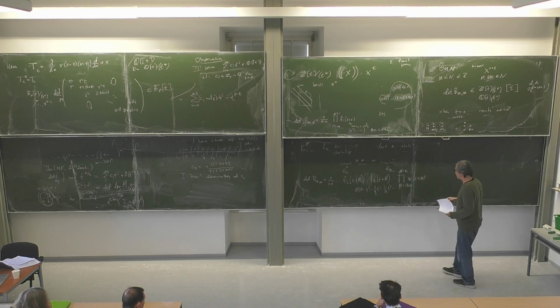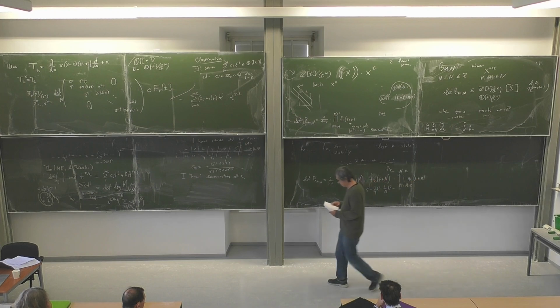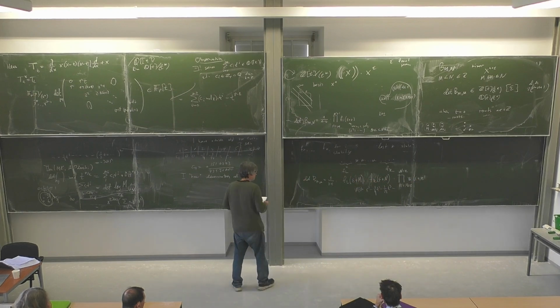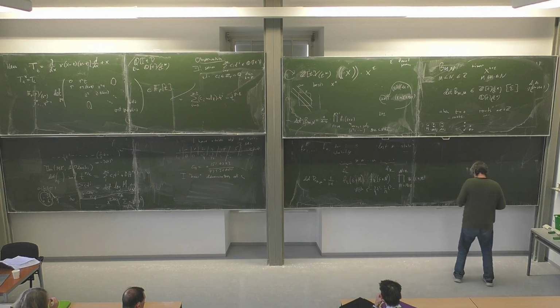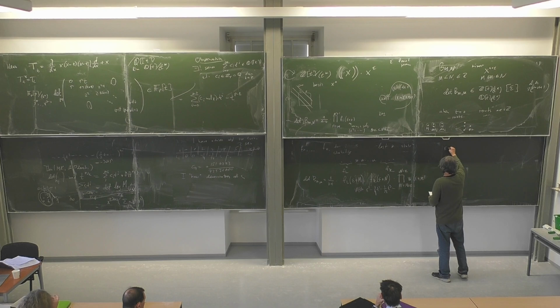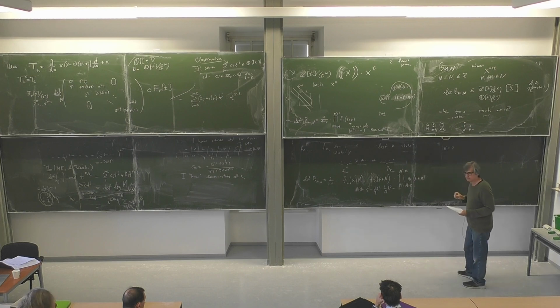So we got this formula. It's an identity of polynomials. But now set epsilon equal to 0.